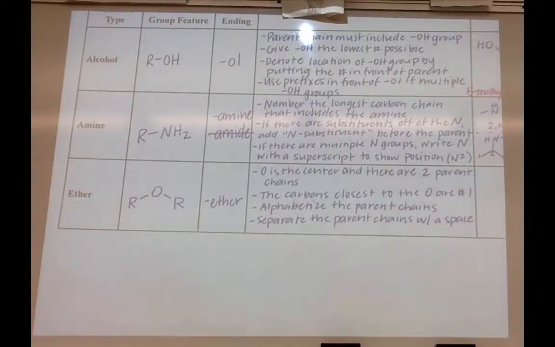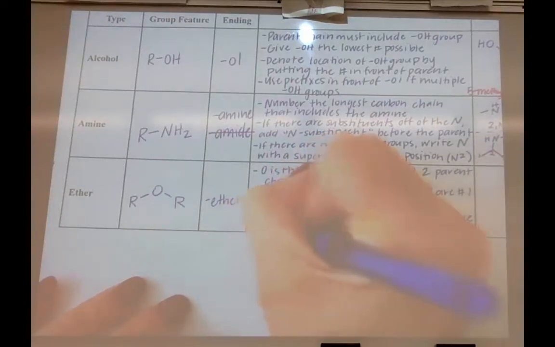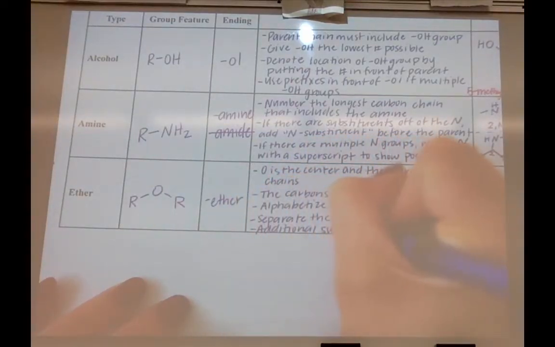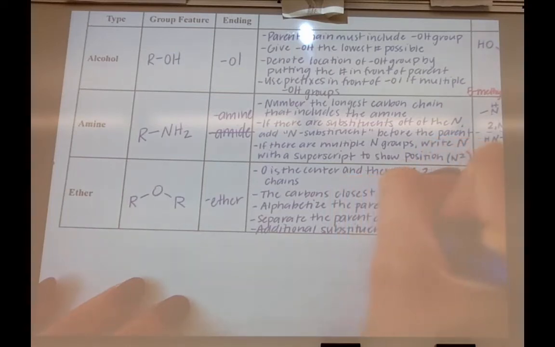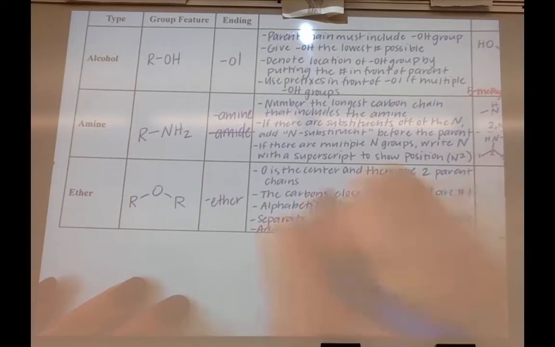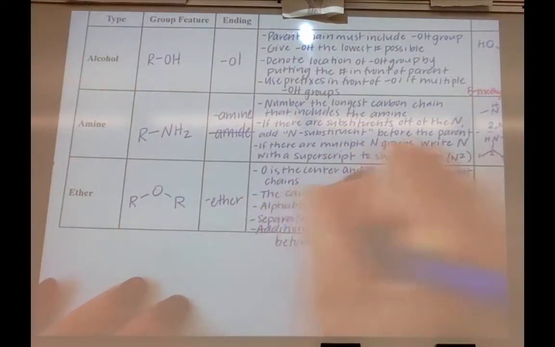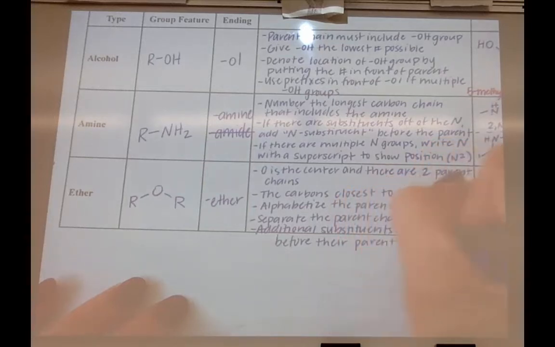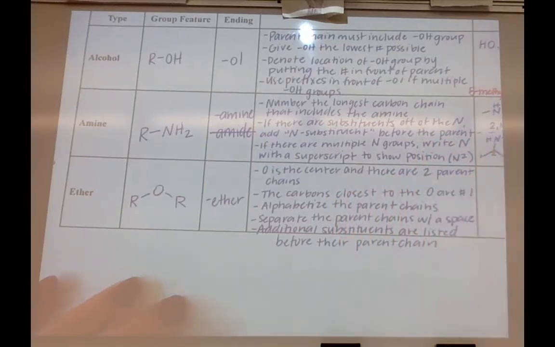And then you always add your substituents before the parent. So additional substituents are listed before their parent chain. That's just like a normal alkane.